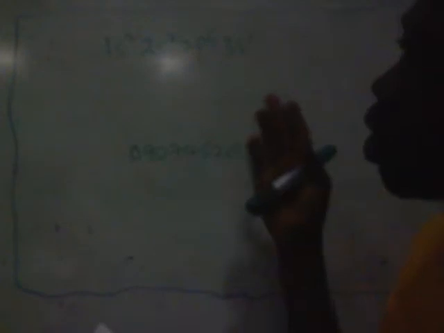First and foremost, we have to know the atomic number. That's 2 plus 2, that is 4. 4 plus 6, that's 10. Then 10 plus 1, that's 11. So this element X has atomic number 11.